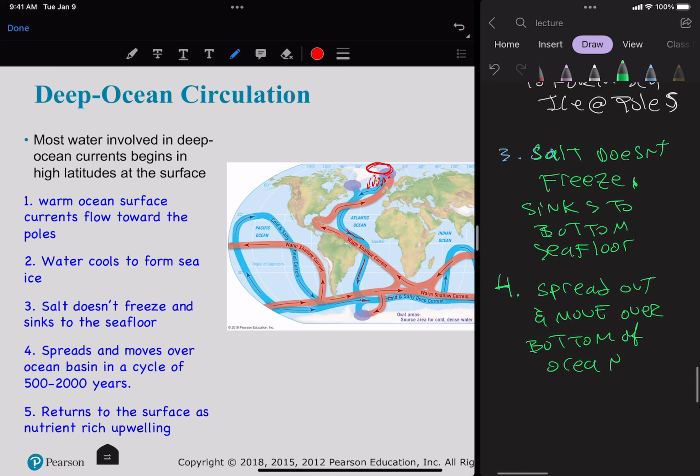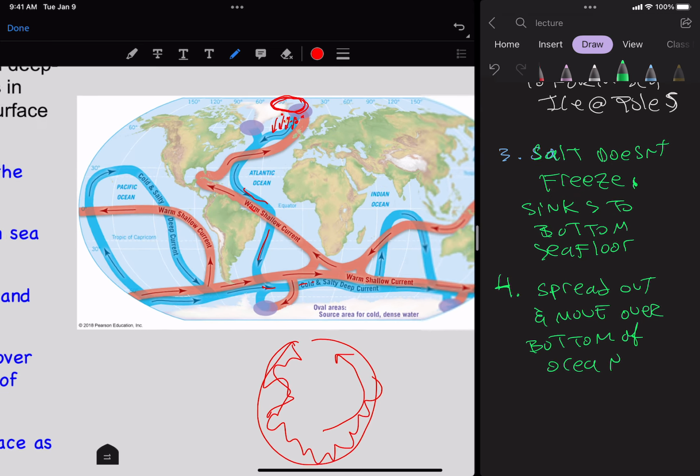And eventually, even though the topography is complicated, it'll wind up back to where it started, taking this entire path here.